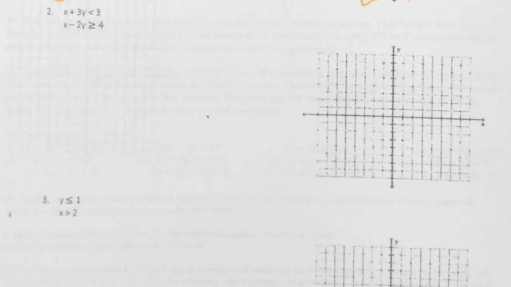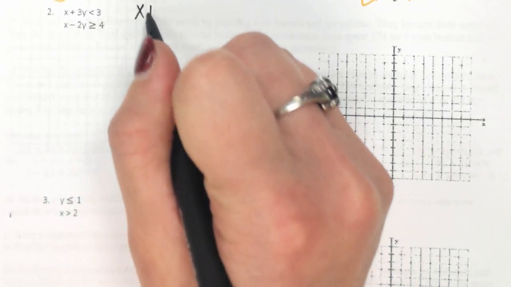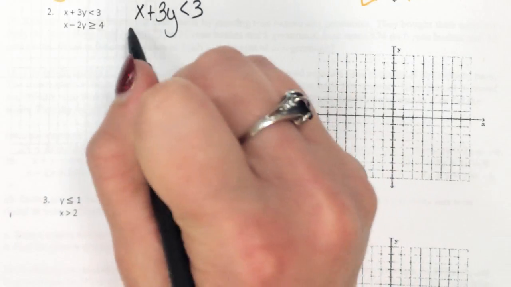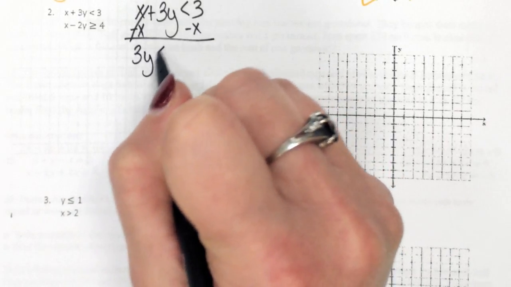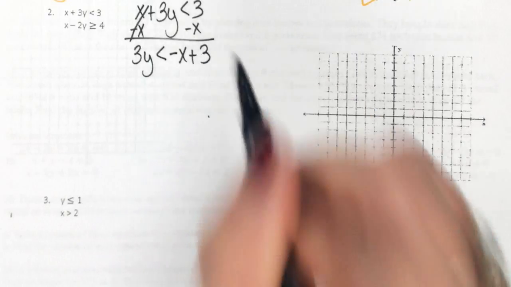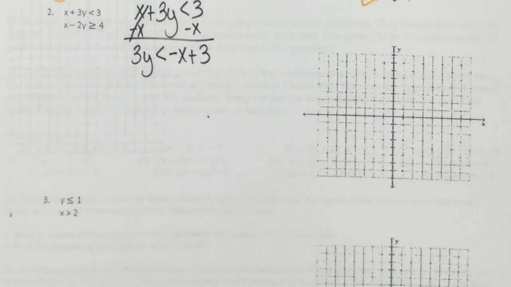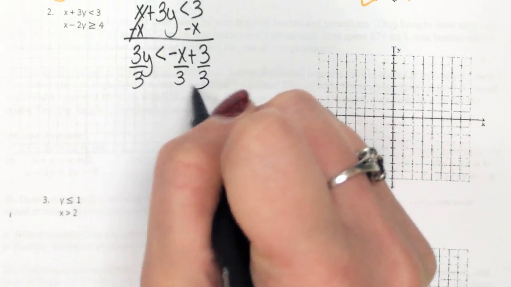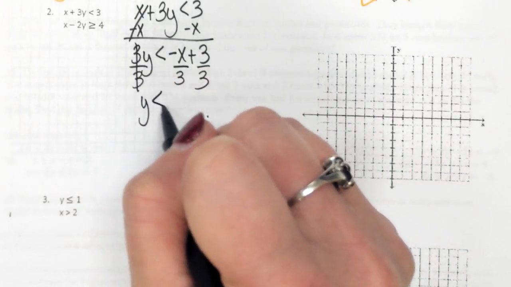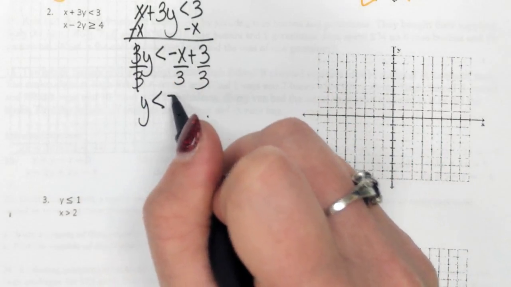What about the first one? What would I do on the first one? Subtract x. Very good. So I have 3y is less than negative x plus 3. Divide by 3. Am I going to switch the sign? No, because it's not a negative. So y is less than.